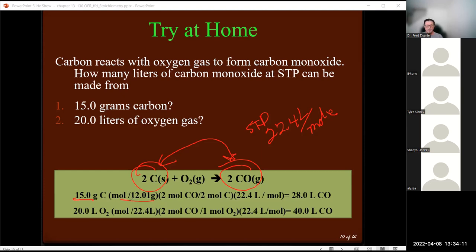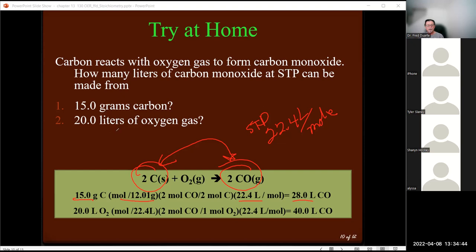So that's the first factor. The stoichiometric relationship between carbon and carbon monoxide is 2 to 2, or simply 1 to 1. Then we multiply by the 22.4 liters and we end up with 28.0 liters of carbon monoxide. So if you start off with 15 grams of carbon and undergo this reaction in the presence of oxygen, you will generate 28 liters of carbon monoxide.